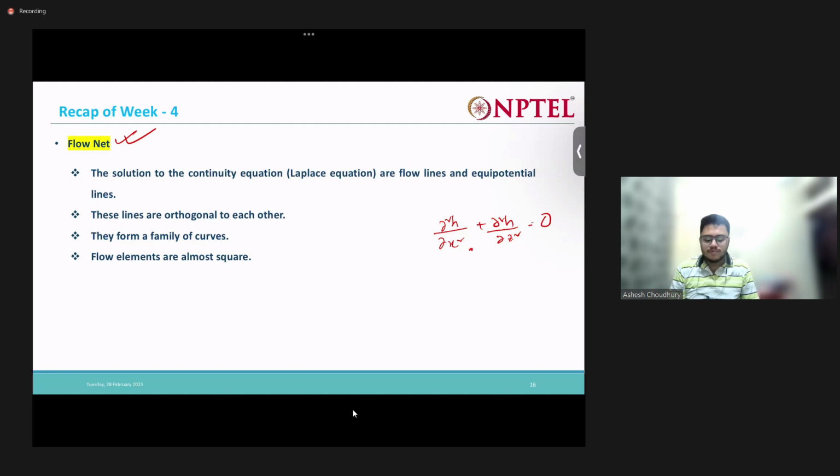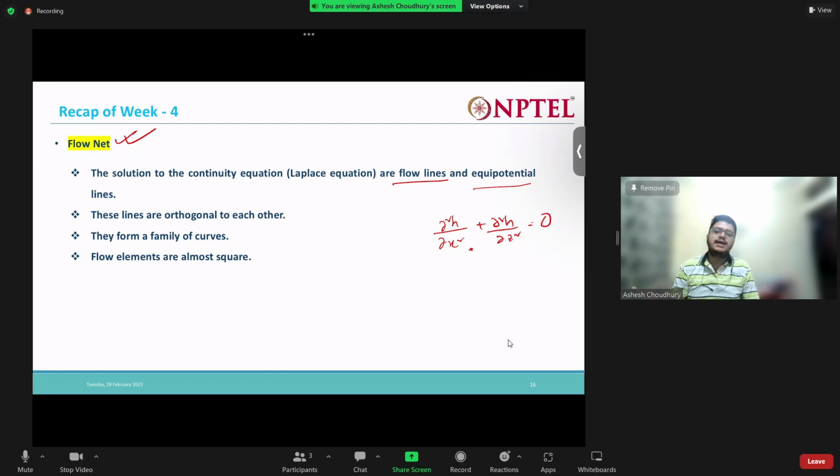So we get two families of curves. One family of curves is known as the flow lines and the other is known as the equipotential lines. And these flow lines and equipotential lines actually form a net-like structure, which is known as the flow net, right?